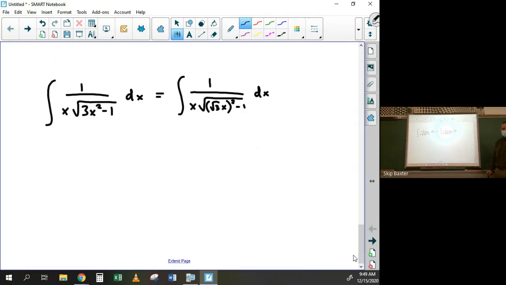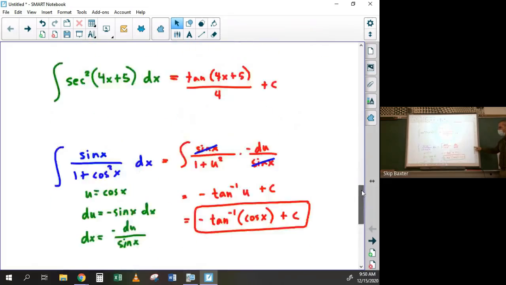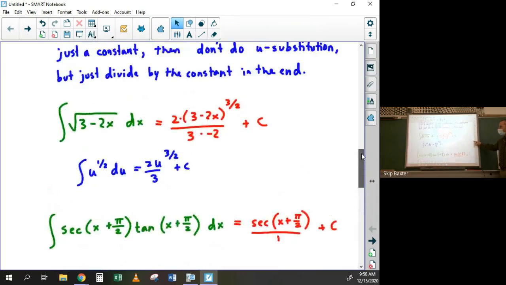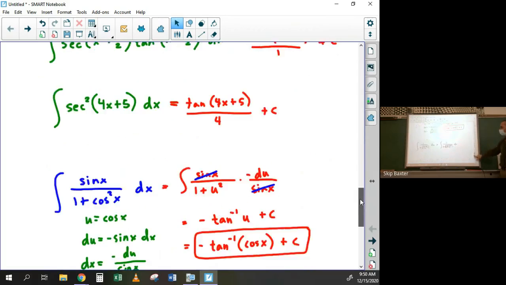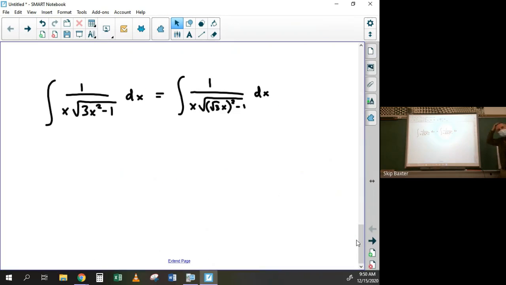Now this one isn't quite the shortcut that I was telling you about. In the shortcut, you're going to have to use u substitution, and the u you pick would have a derivative that's constant. Might be the shortcut I was telling you about.